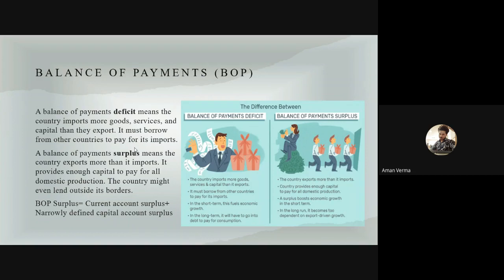Third point of BOP deficit is that in the short term, this fuels economic growth. Third point of balance of payment surplus is that a surplus boosts economic growth in the short term. Now the fourth point, in the long term, the deficit country will have to go into debt to pay for consumption. In the long run, the surplus country becomes too dependent on export-driven growth.